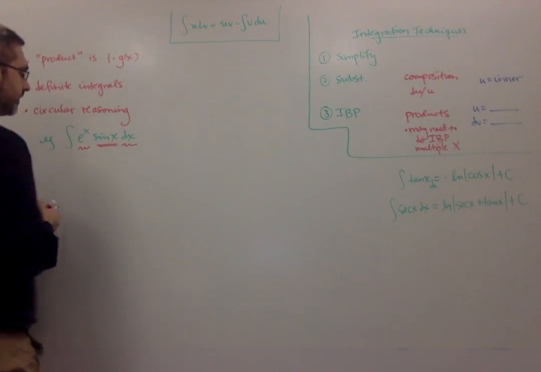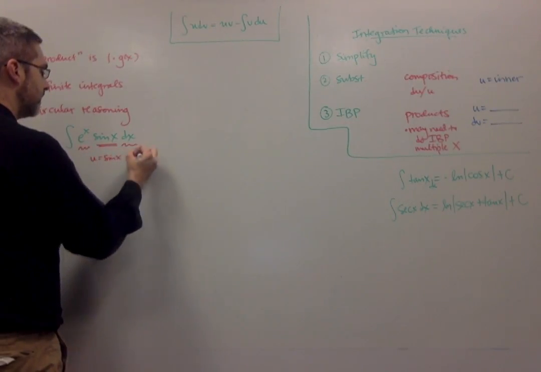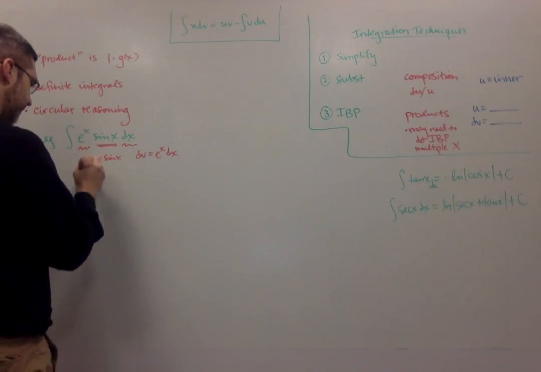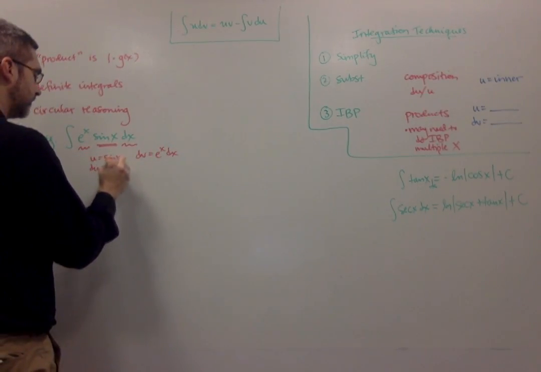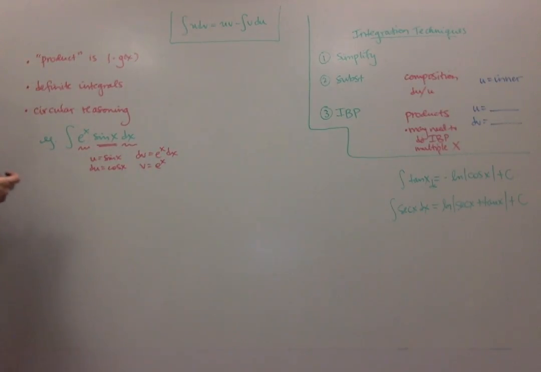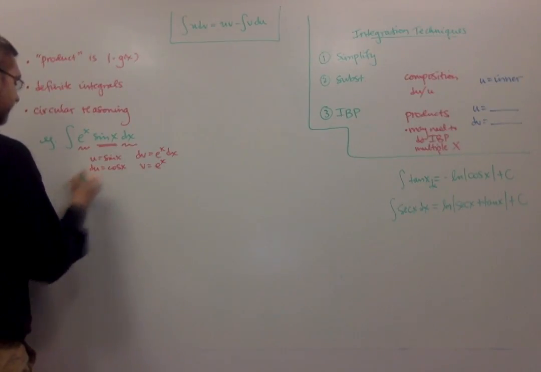So I'm going to let u equal sine x and dv equal e to the x dx. So du is going to be cosine x and v is going to be e to the x. Everybody clear? So I see a product, I'm going to try integration by parts. There's nothing else I can do with this.